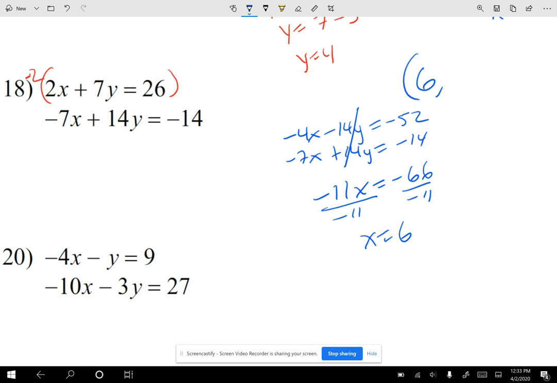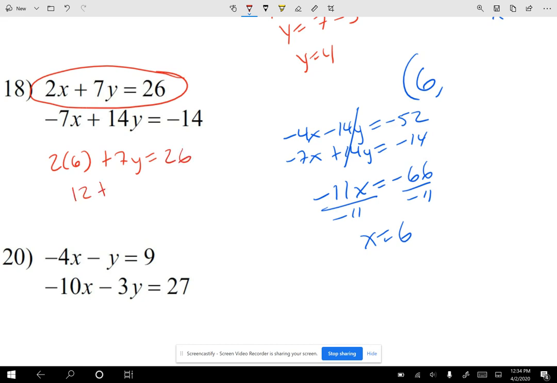Now to solve for y, I'm going to use any equation that I want. Now, the second equation has a bunch of negatives, so I'm just going to choose this one. I have 2 times 6, because I know the value of x now. 2 times 6 plus 7y equals 26.